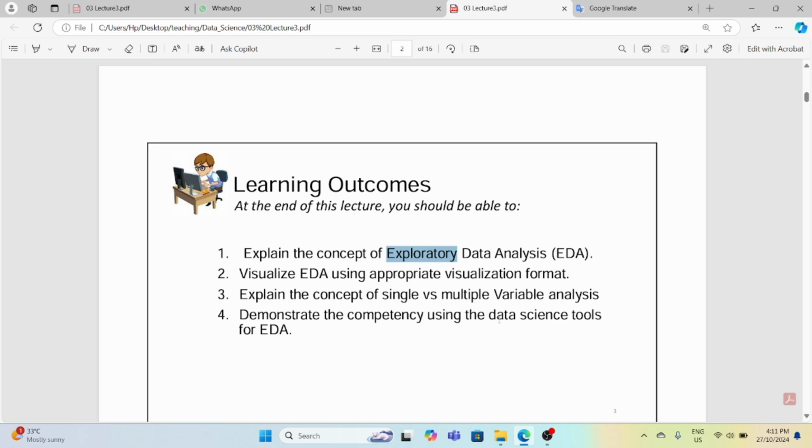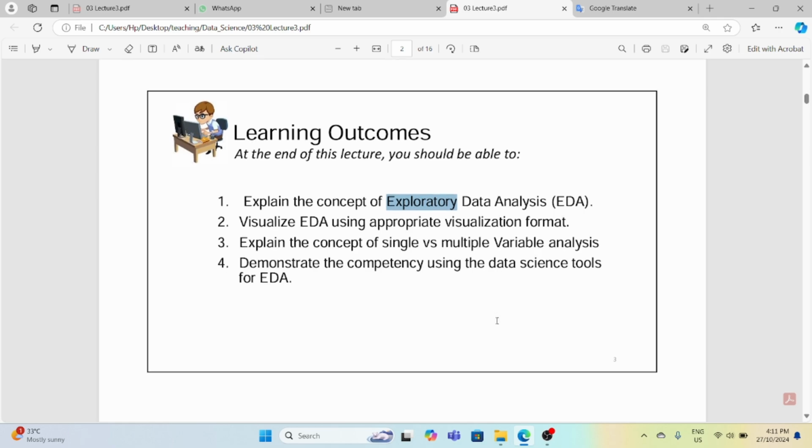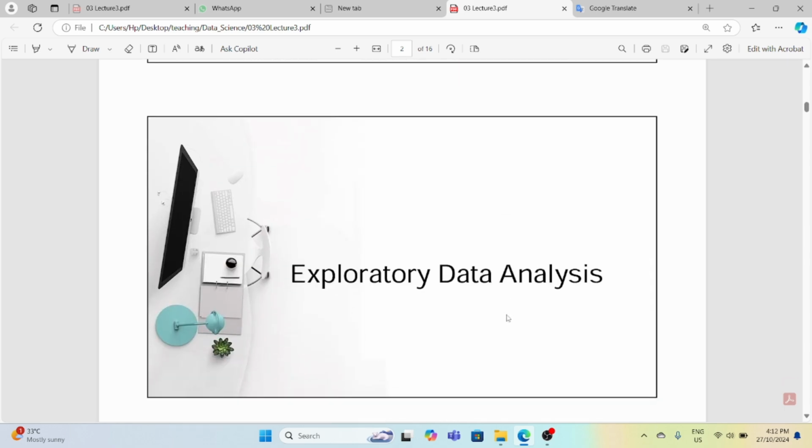At the end of this lecture, the students should be able to explore the concept of exploratory data analysis, visualize EDA using appropriate visualization format, explain the concept of single versus multiple variable analysis, and demonstrate competency using the data science tools for EDA.